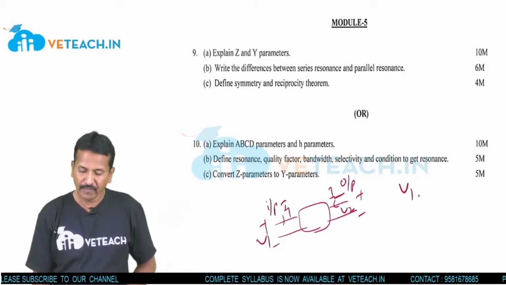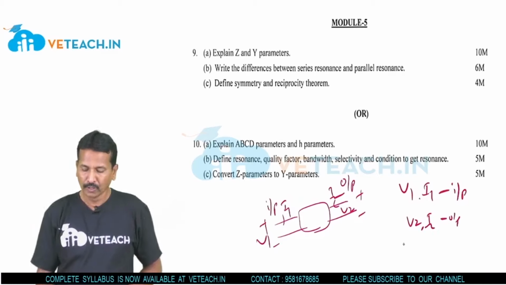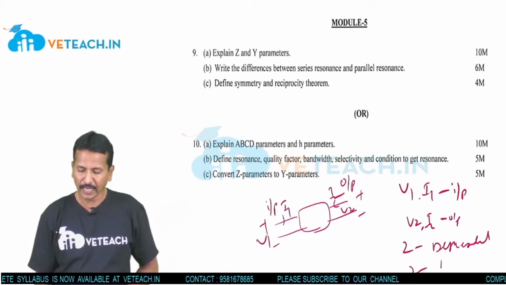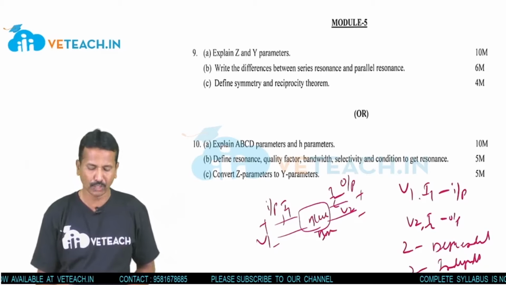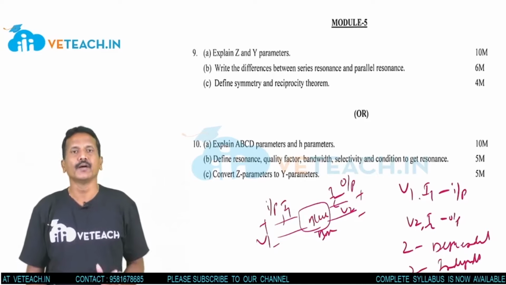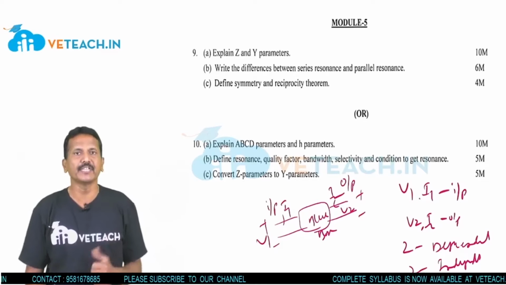V1, I1 are input, V2, I2 are output. Two are dependent variables, two are independent variables. These are very, very important here. This is a black box. The Z parameters, another name is impedance parameters.